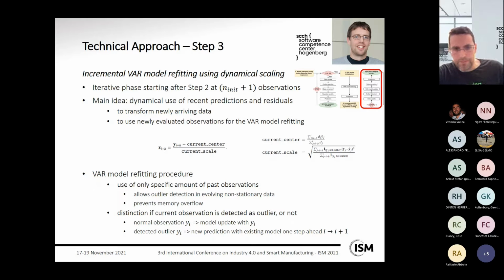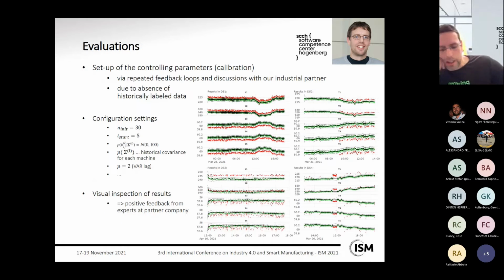So how does our approach work in practice? Unfortunately, due to the lack of labeled data, we can't give any hard performance numbers, but we stuck to visual inspection of the results for the four data stream examples you can see here.